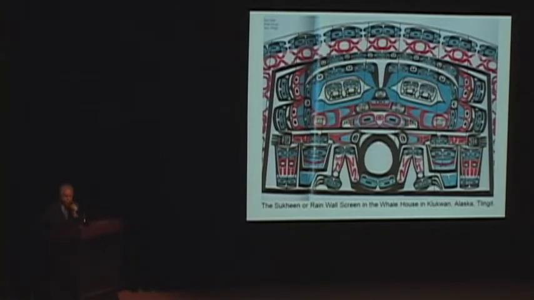And so when the community heard that one guy had sold this thing, they got very mad at him, and they had a new discussion, and the thing was brought back to Klukwan. So we don't know exactly where it is, but we know in what condition it is, and we have these old pictures and a lot of work done about it.